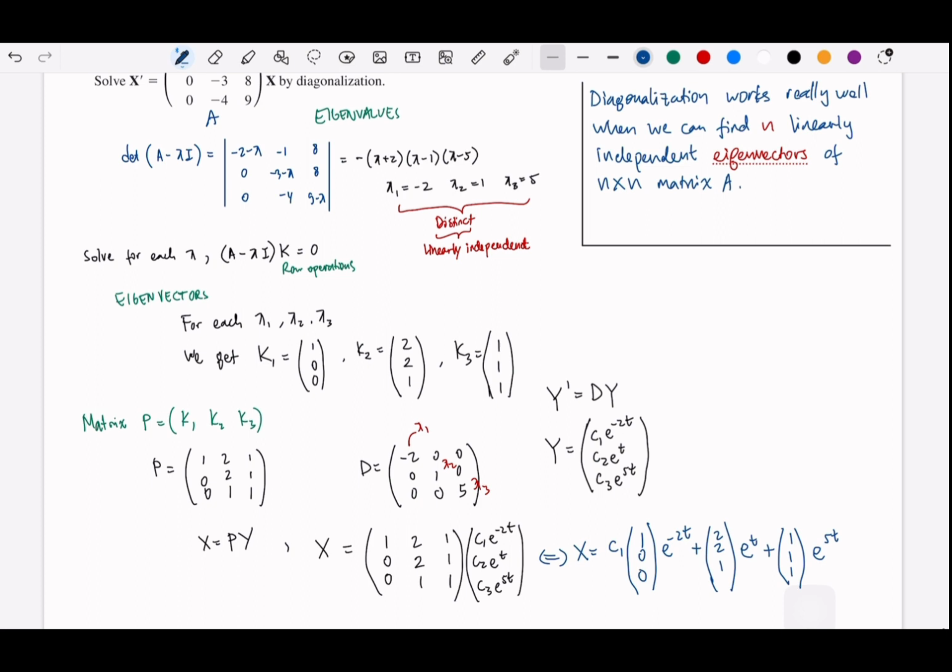So this is for the homogeneous case. For homogeneous, we have several ways. We could find it through three cases, basically: the distinct eigenvalues, the repeated eigenvalue, and the complex eigenvalue, which each have their own characteristics, right?